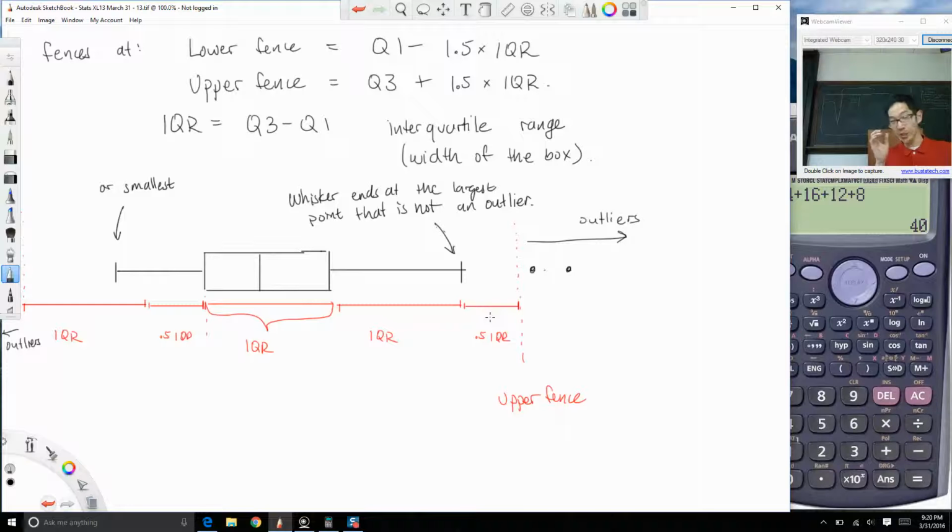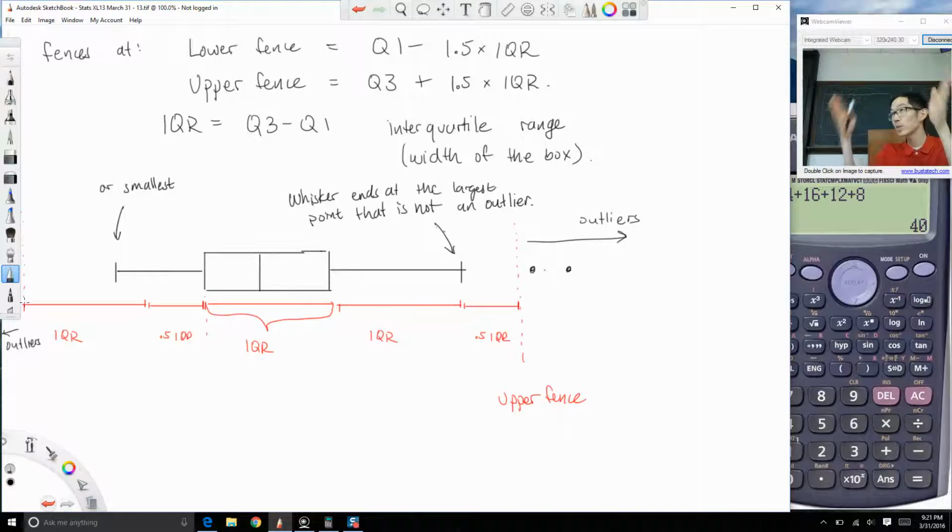And so we just say, find your 25th percentile, find your 75th percentile. What's the difference between the 75th and 25th percentile? That's called your IQR. Then you multiply that by 1.5, you add that to Q3, and that gives you your upper fence. You take that value, 1.5 times the IQR, and you subtract that from Q1. That takes you down here.